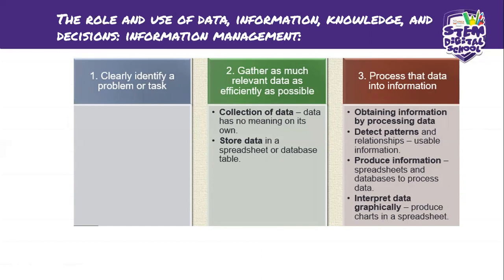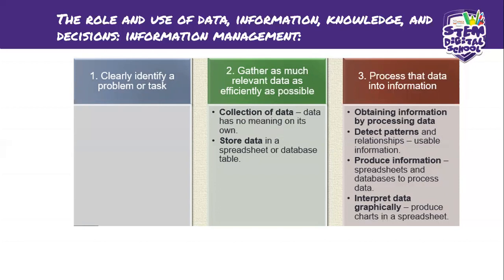When you want to turn data into useful information, firstly, obviously you need to identify a problem or task. So my task is to find how many homeless people there are in our area. That's the first step of gathering data, information, knowledge, and then later making decisions.